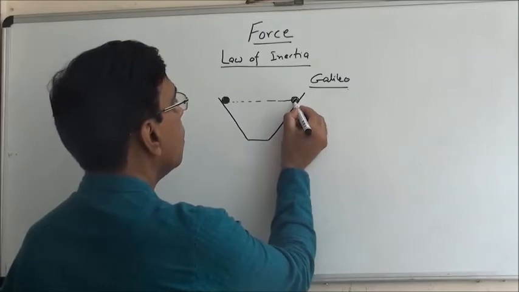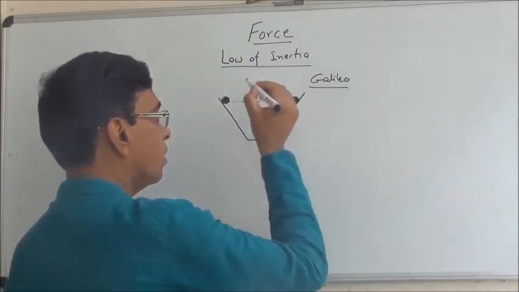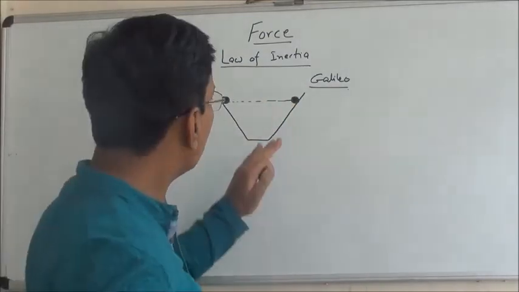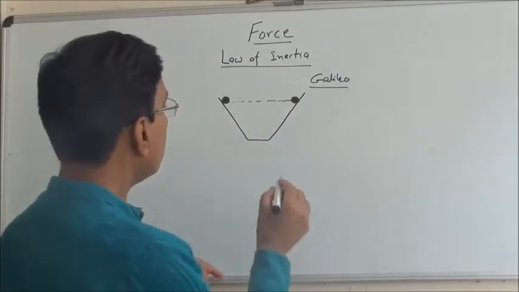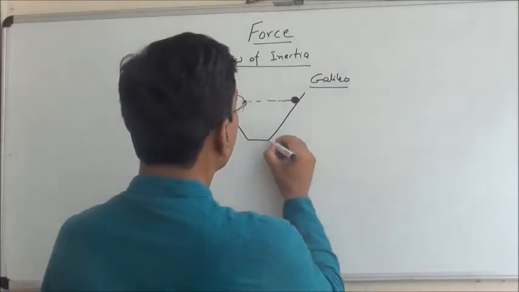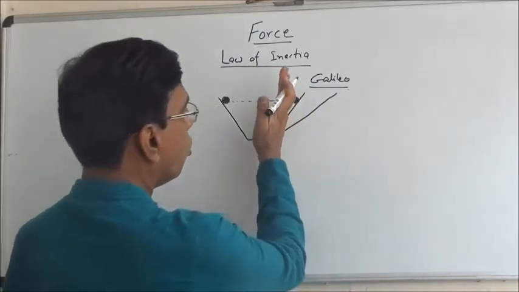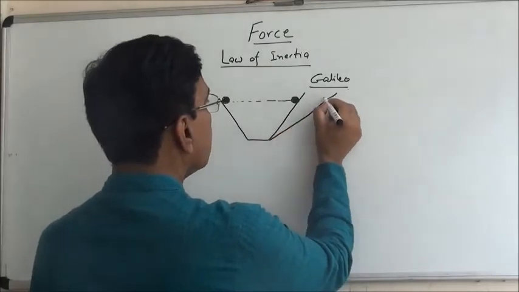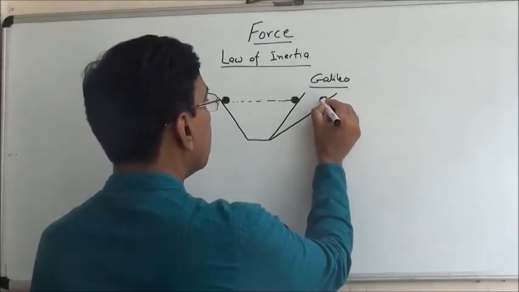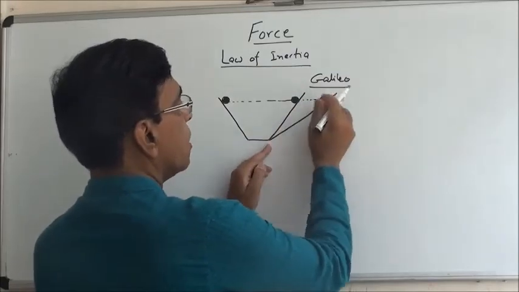So whenever a ball was rolled from a certain height, it comes down and then it rises on the other side of the inclined plane, and at the same height it stops. Now he kept on changing the angle of inclination of it, and still it comes up to the same height, but now the distance covered is more.